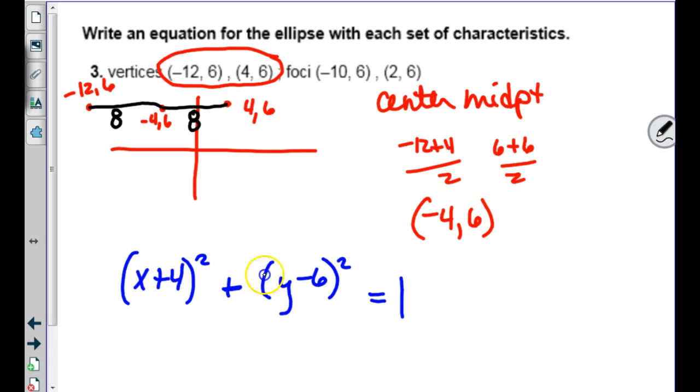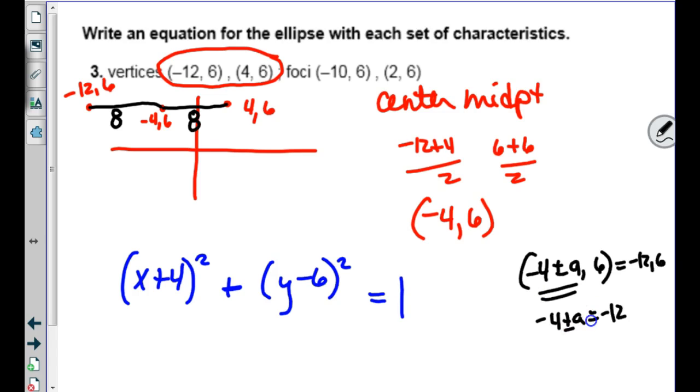It says h plus or minus a. So you have -4 plus or minus a, comma 6. And you know this one is at -12, 6. So this -4 plus a or minus a has to be -12.